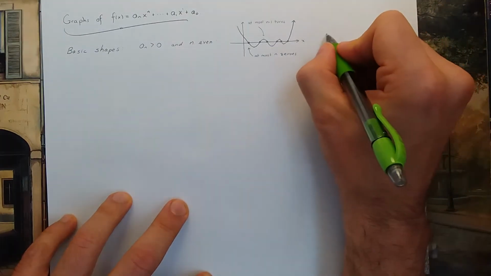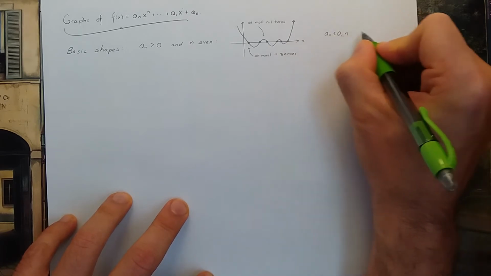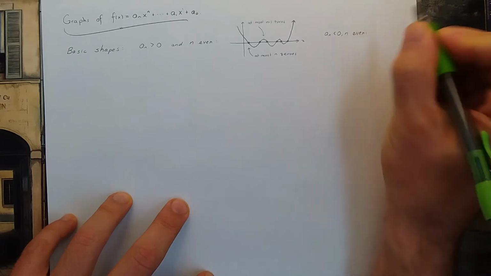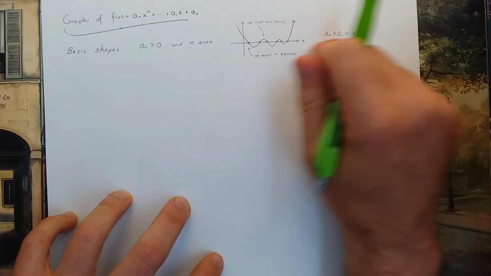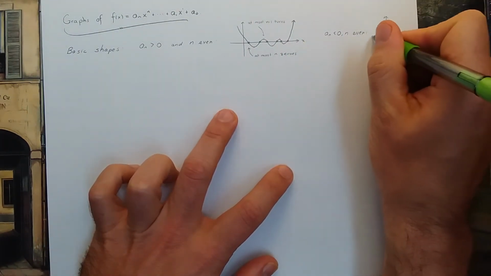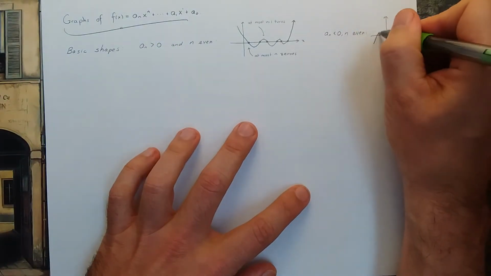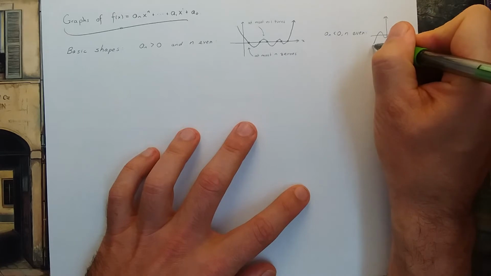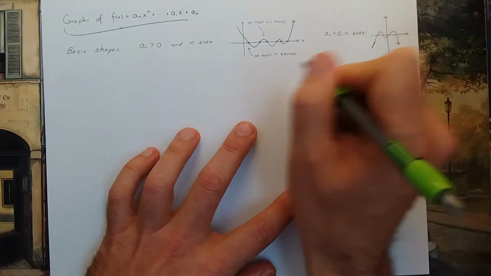If a_n is negative and n even, it's a similar picture, but just reflected about the x-axis. So I'm going to just quickly draw a similar picture, but when the leading coefficient is negative, it's the same idea, except it starts from way down here and ends going back down in the same direction.